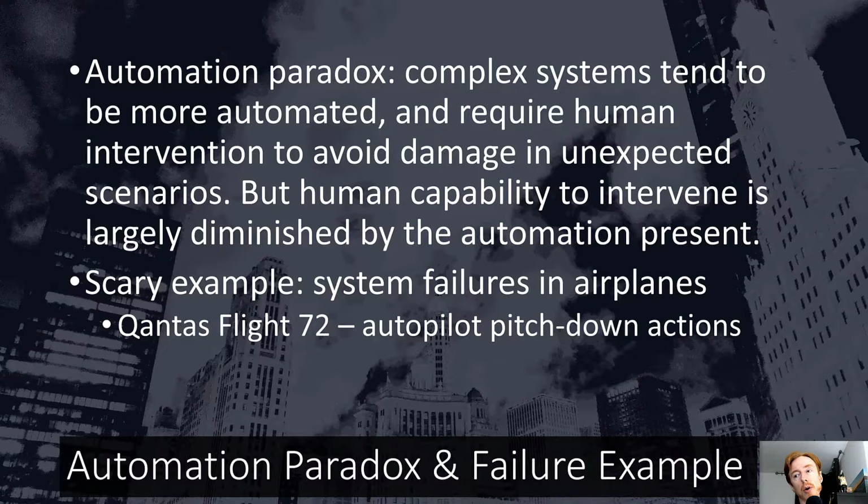One example is Qantas Flight 72, the autopilot, and you can go read a lot of details on this, but effectively the autopilot system, which is an automated system to manage flight controls, had an issue, and the pilots had a very difficult time actually regaining control of the plane and had minimal confidence in their control over the plane.